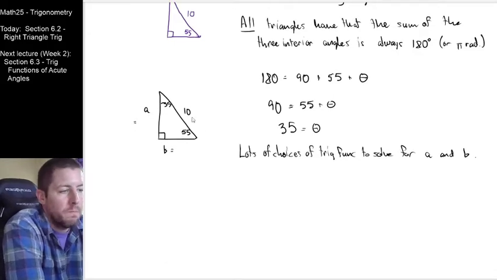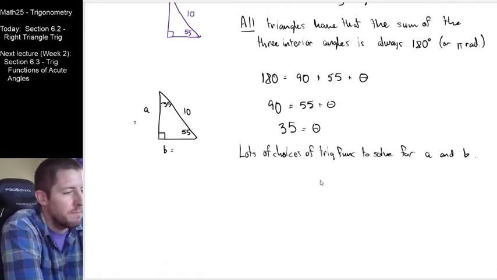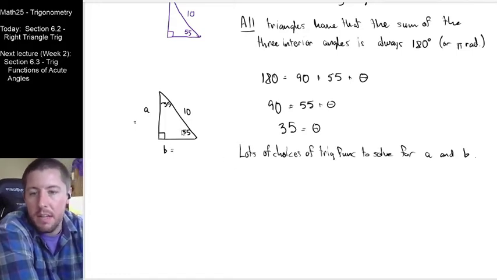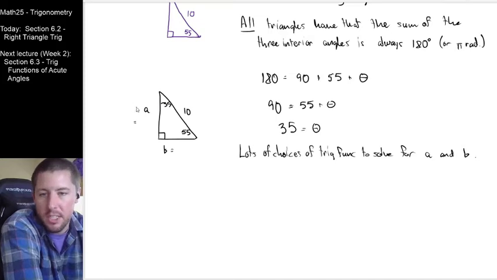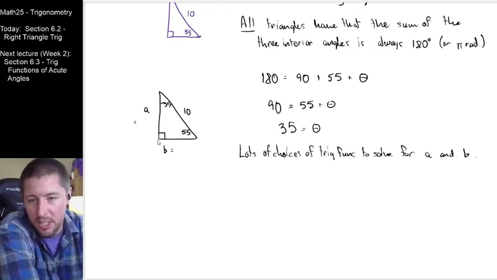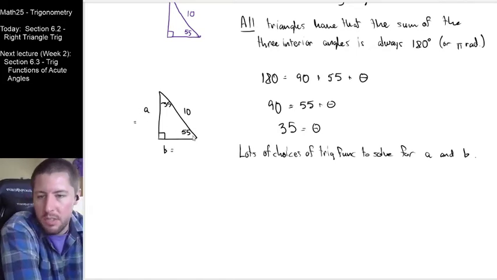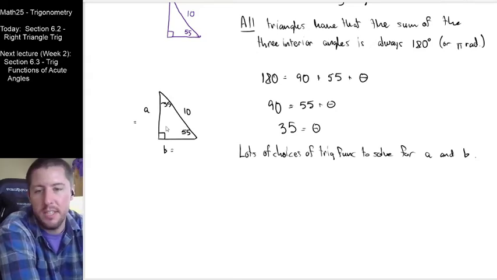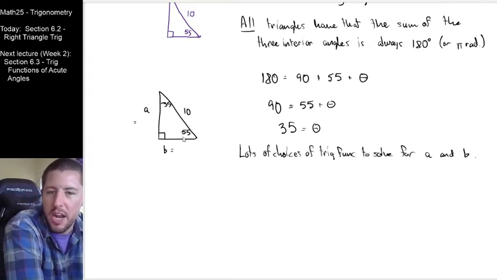One thing I could do, who cares? I'll pick a 55. Let's see. Do we want to do sine or cosine? Okay, let's say I want to solve for A first. If I want to solve for A, which is a choice, I could solve for B first. And if I wanted to use the angle 55, and I could use the angle 35 first, also, it's just a choice that I'm making, then what trig function should I use to relate 55 and A?